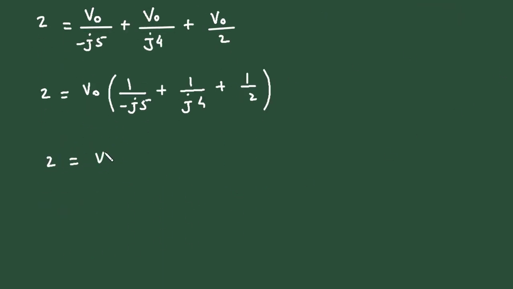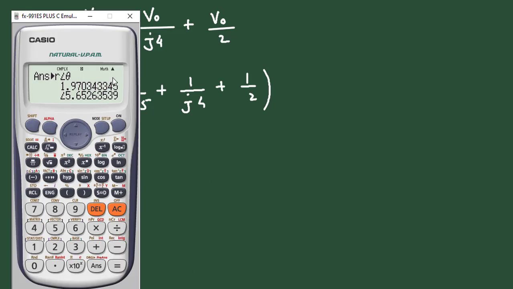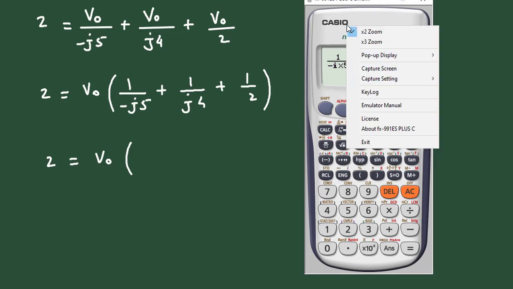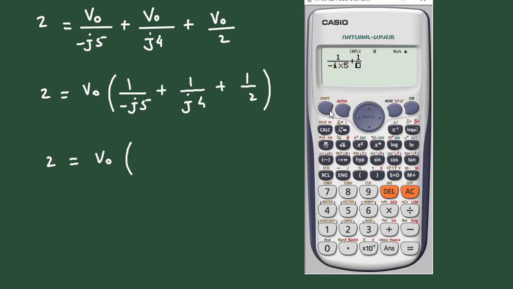So 2 is equal to VO multiplied with 1 upon minus J into 5 plus 1 upon J into 4, then plus 1 by 2.